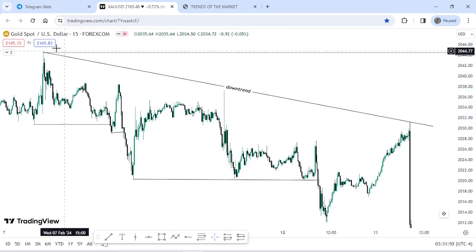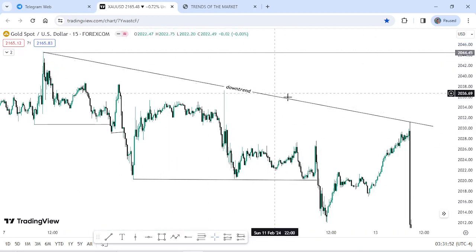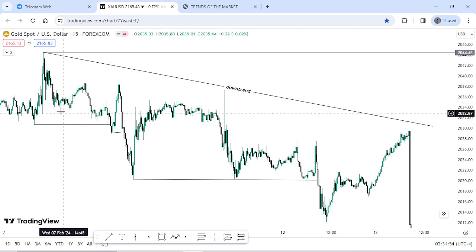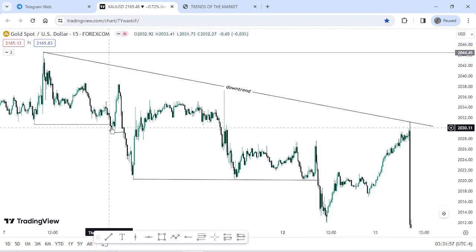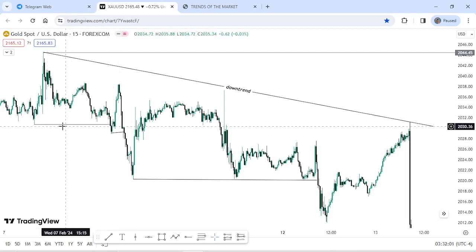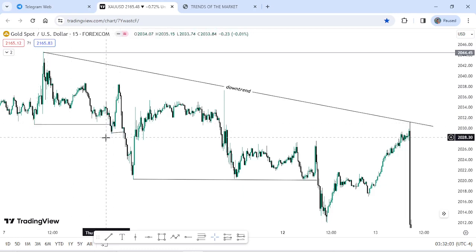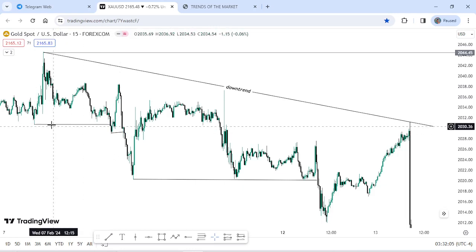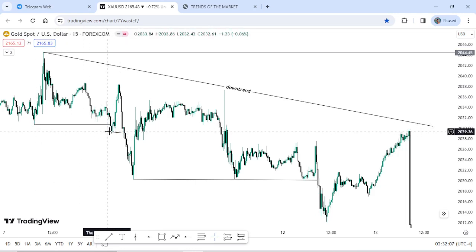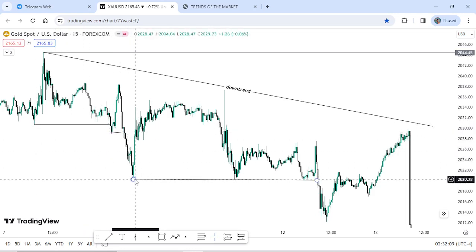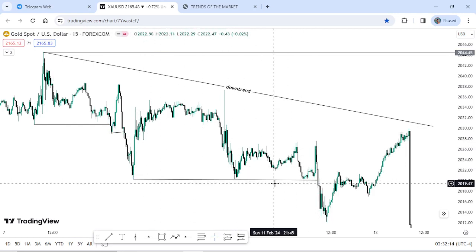So this tells you that the price action is in a downtrend, and this tells you that the price kept breaking the previous lows. So this is our lower low, this is our lower low, this is our lower low, and since all these lows are equal, we decided to call all of them one low.